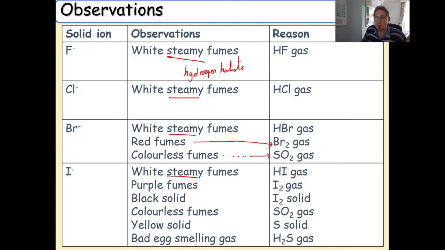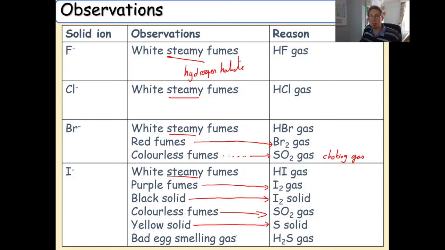You might be told that it's a sort of choking gas, because of course it forms sulfuric acid when it reaches the wet parts of your lungs. Purple fumes is clearly iodine. A black or a grey solid is clearly iodine. Colourless fumes again, the yellow solid is sulfur, and the rotten or eggy smelling gas, that's hydrogen sulfide. So how many of those did you get right?